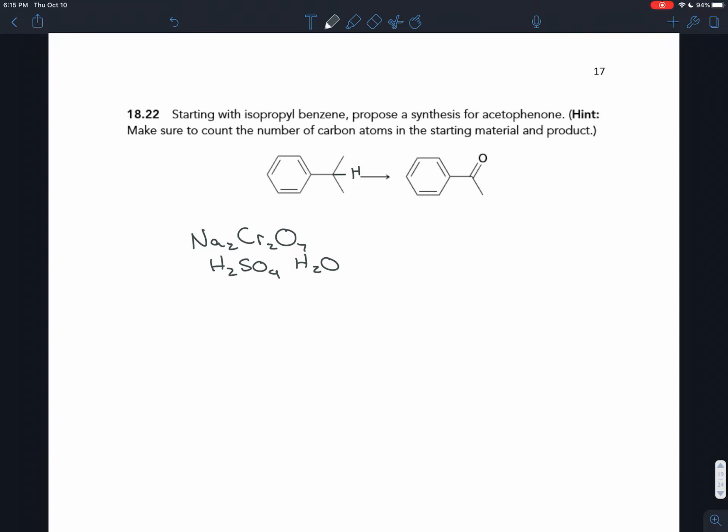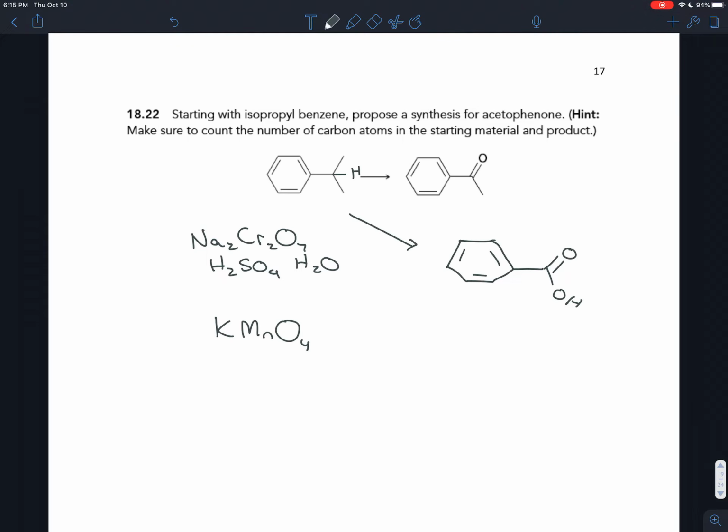You can use strong oxidizing agents like that, or like KMnO4, potassium permanganate. And those will just turn any benzylic position that has a hydrogen on it into a carboxylic acid. Notice, though, that that is too violent of a procedure for what we want. If we do that, we would just get benzoic acid.